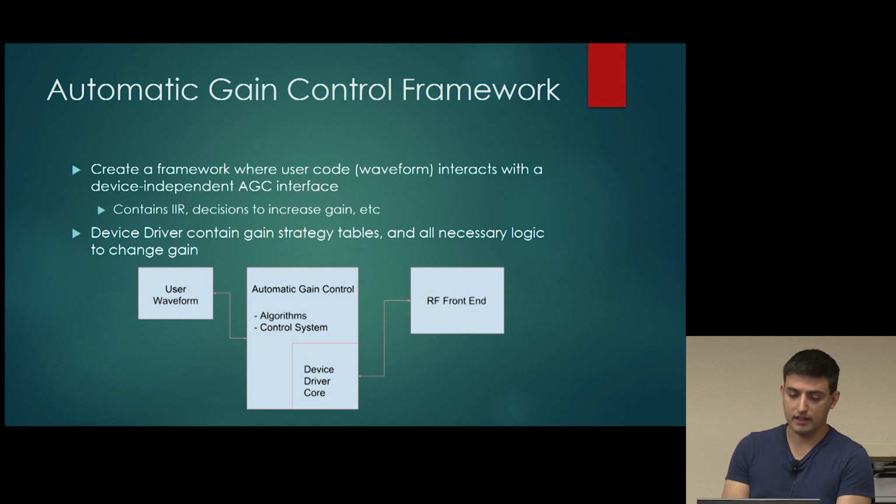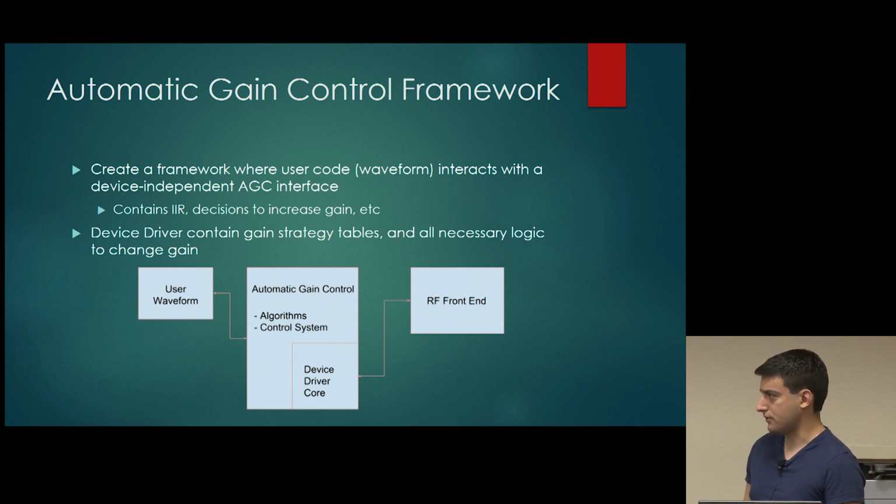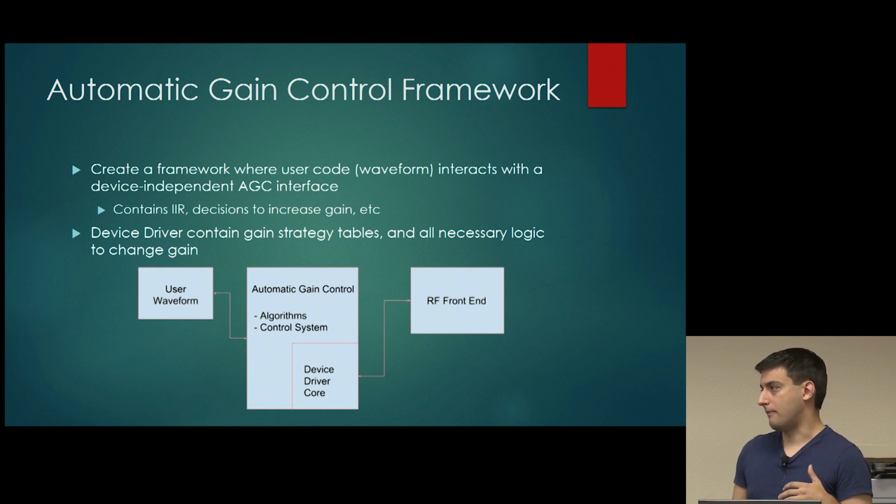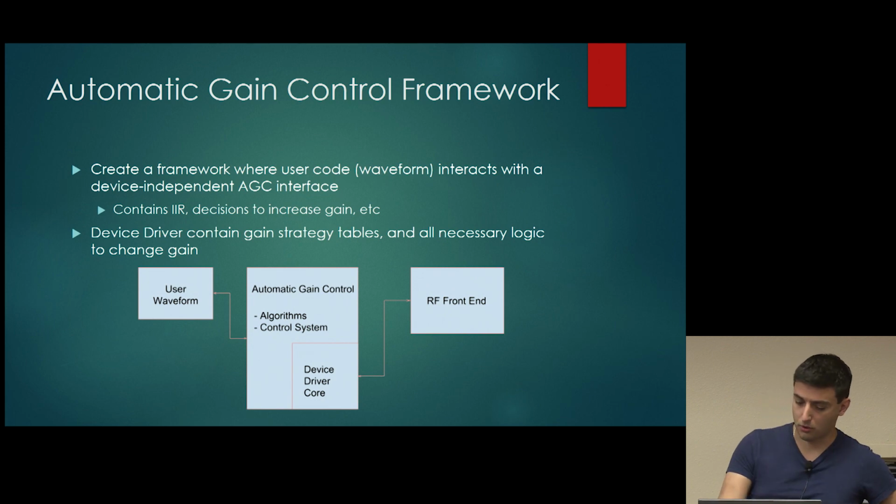So the idea is to create an automatic gain control that has pluggable modules for different RF front ends, but contains all the logic, such as the decision to change gains and hysteresis, the higher-level logic, inside the device-independent part of the automatic gain control, and then keeps the things related to actually issuing SPI commands or asserting GPIO pins within the device driver core.